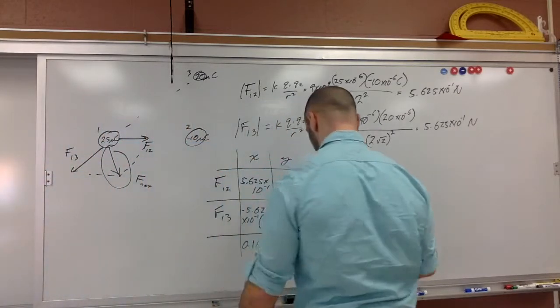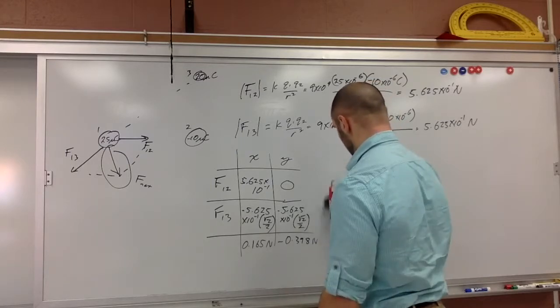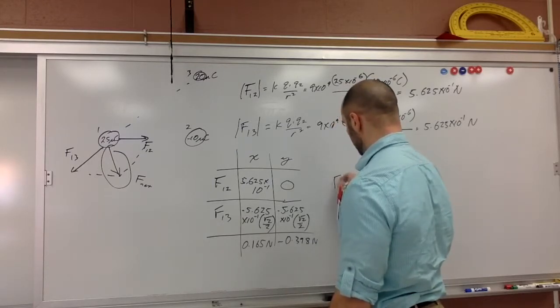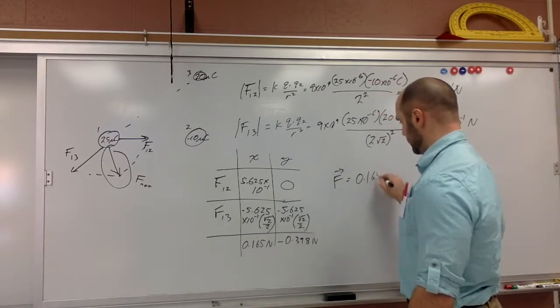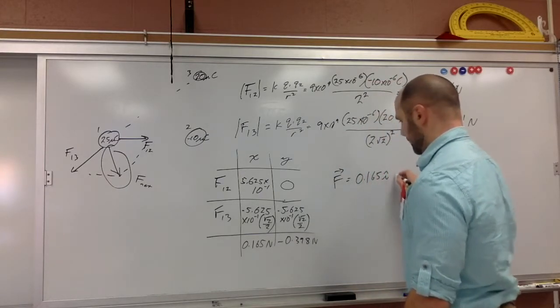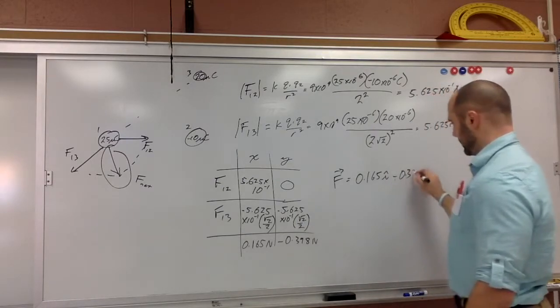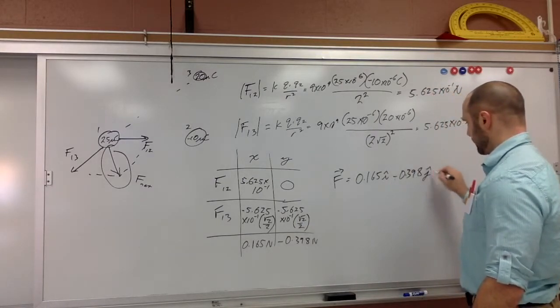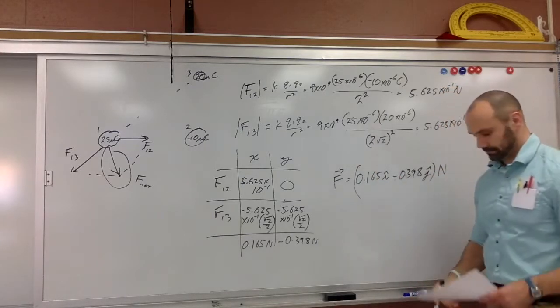So the net force on 1 is 0.165 i minus 0.398 j newtons.